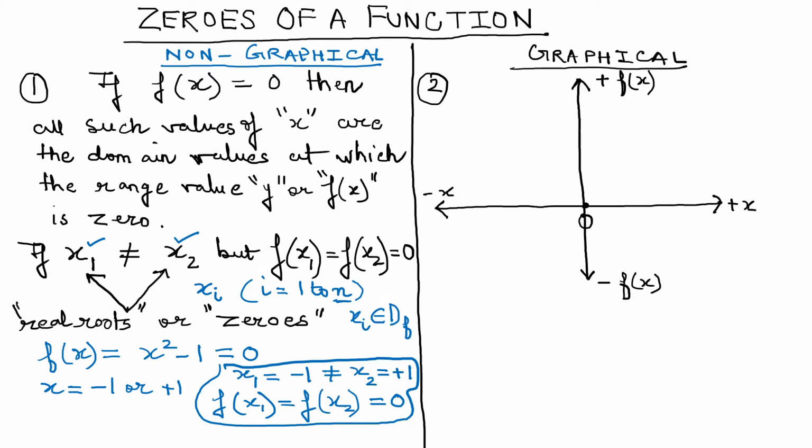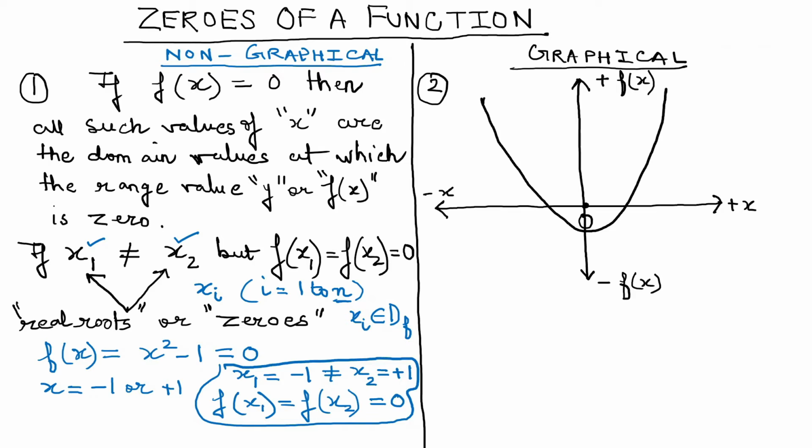Okay, let me draw the graph now. So we know how to plot the graph with the help of domain and range, which I am not discussing. So let's say this is the graph that I have plotted.